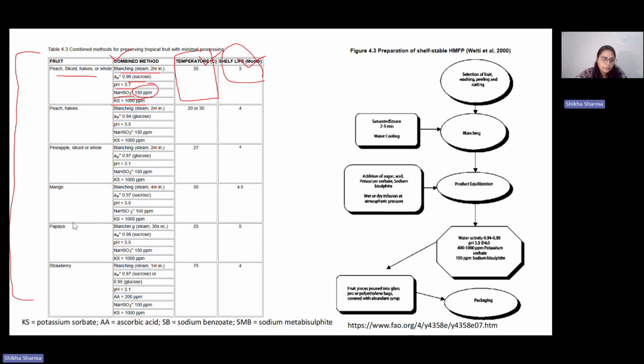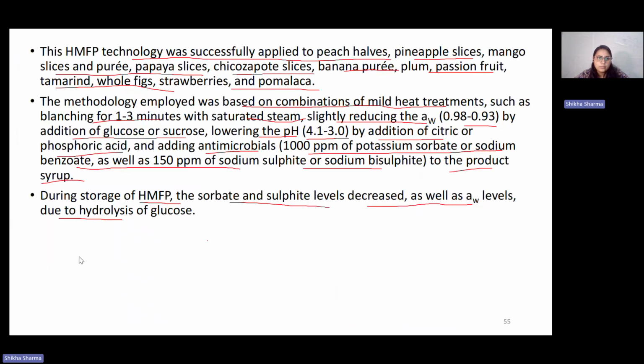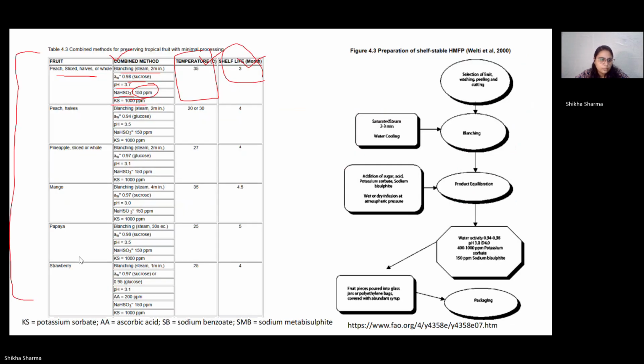Suppose for strawberry, we can do blanching for 1 minute, then keep water activity 0.97 with sucrose and 0.95 with glucose, and pH 3.1, and ascorbic acid around 200 ppm.